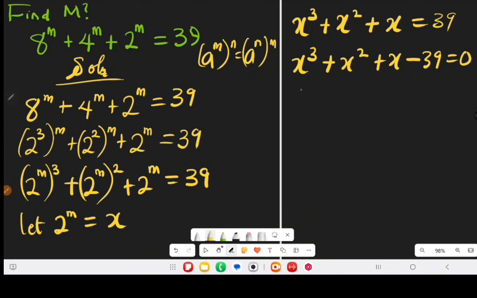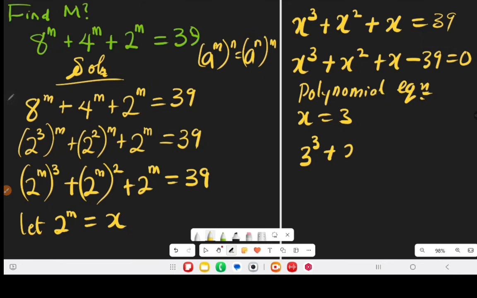Now what we have is called a polynomial equation. Now we want to look for the factor. We test x equal to 3. If we substitute x equal to 3 in this equation, we have 3 raised to the power of 3 plus 3 raised to the power of 2 plus 3 minus 39. Will it give us 0? Let's see.